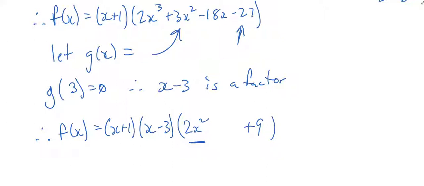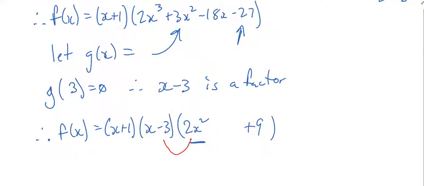The next part is the part that's a bit tricky, but just watch. Negative 3 times 2x squared is going to give me negative 6x squared, but I want 3x squared. So what do I need? So hold on.